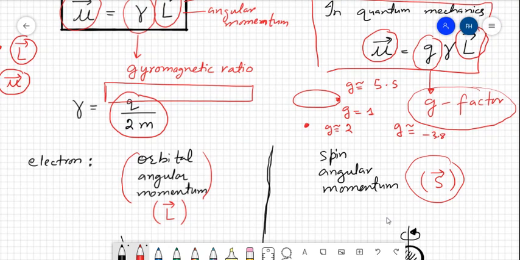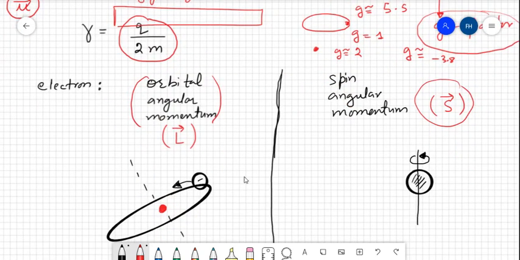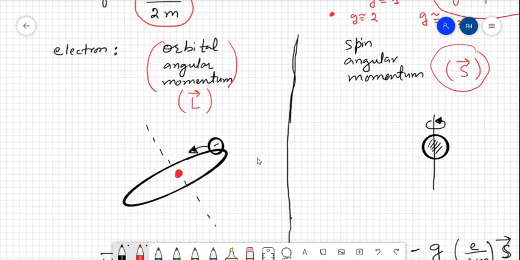By orbital angular momentum I mean that the electron is revolving around the nucleus. And for spin angular momentum you can visualize that the electron is spinning around its own axis.